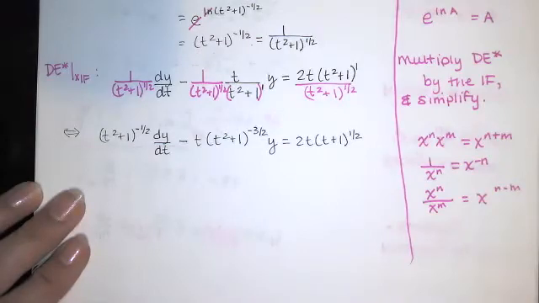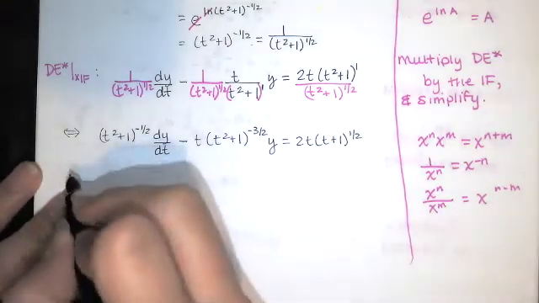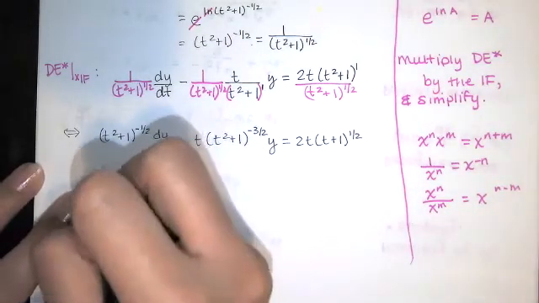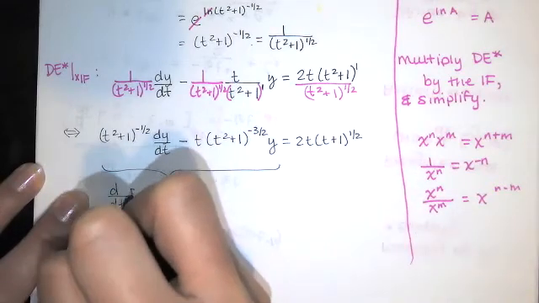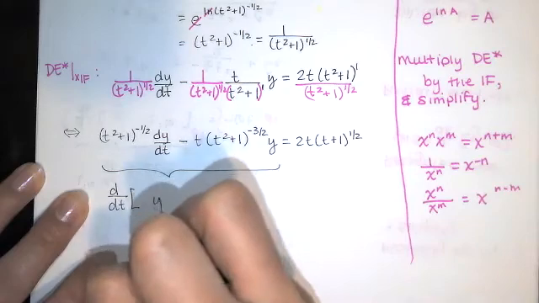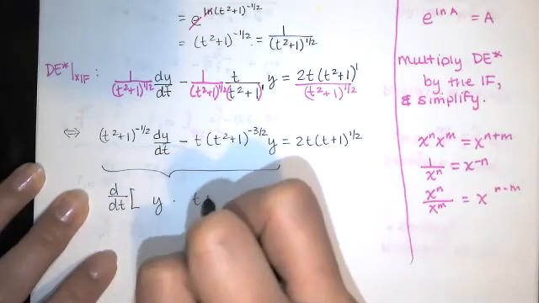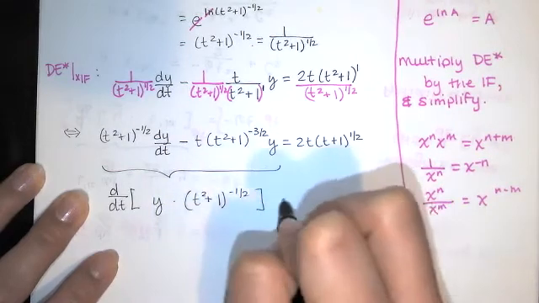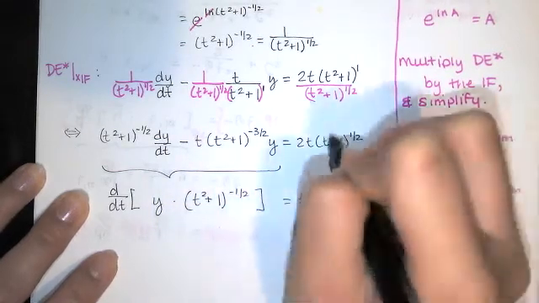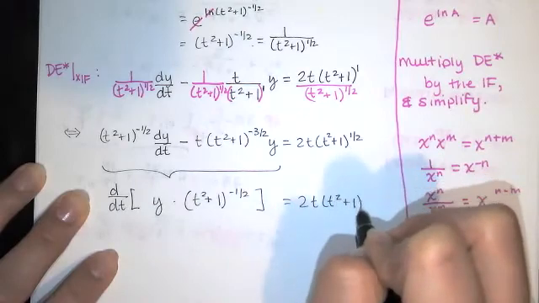Now, if we've done everything correctly, Bernoulli said, if you multiply by this integrating factor, then the left-hand side should be the derivative with respect to your independent variable, which in our case is t, of y times the integrating factor. Oops, I lost an exponent there.